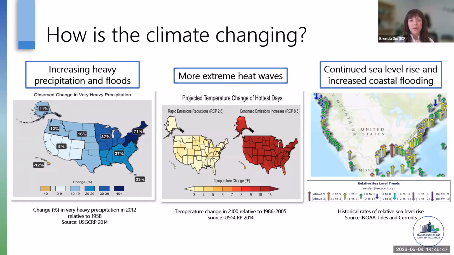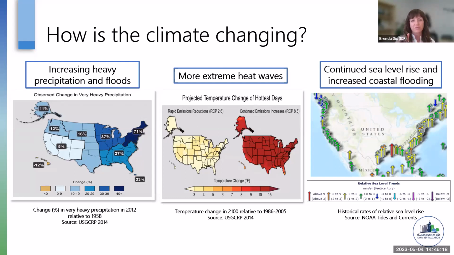For the extreme heat waves, this particular map is more forward-looking. It's showing you the changes in temperature on the hottest days of the year under different future scenarios. So looking out to 2100, on the left, you're seeing your sort of best case scenario. If we stopped globally producing greenhouse gas emissions tomorrow sort of situation, you'd still be seeing 3 to 4 degrees hotter on the hottest days in 2100, just due to what's already been emitted.